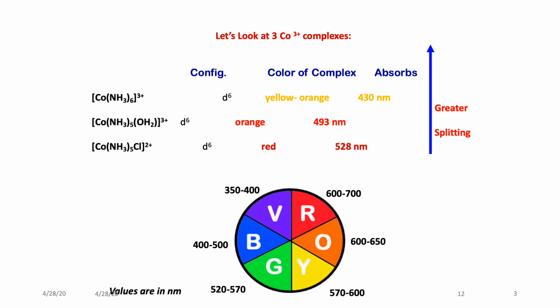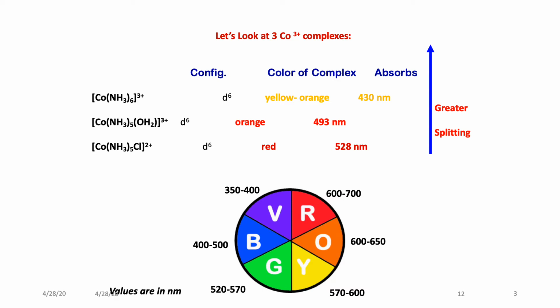When you put NO2, for example, it shifts to the other direction and becomes a yellower complex, and it absorbs at 450 something. This is the color changing in the complexes we're going to prepare.